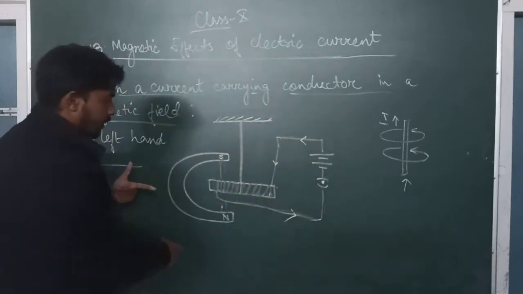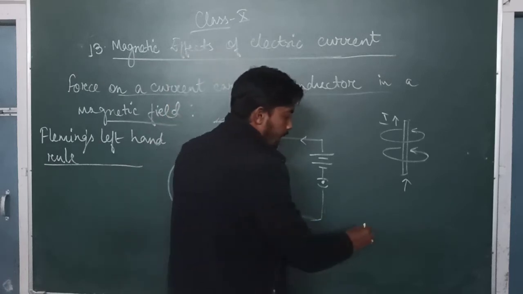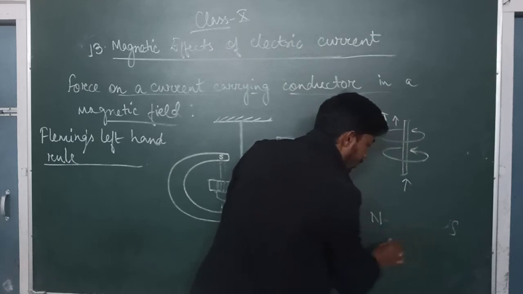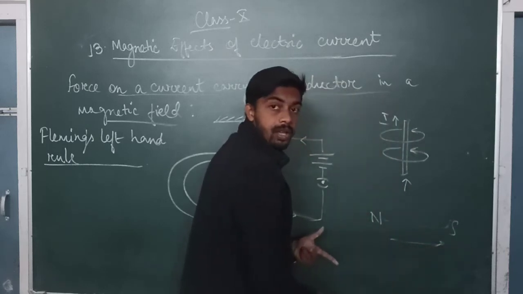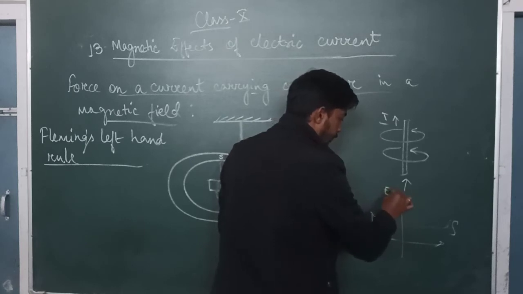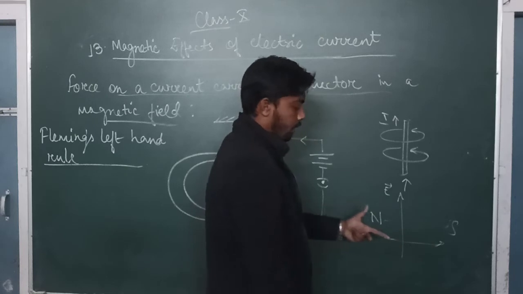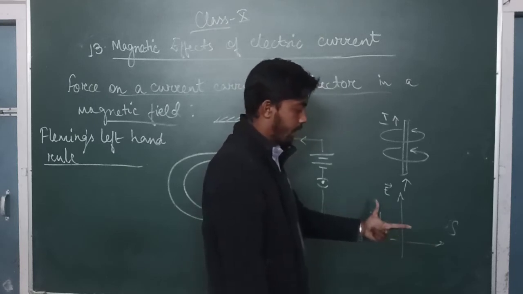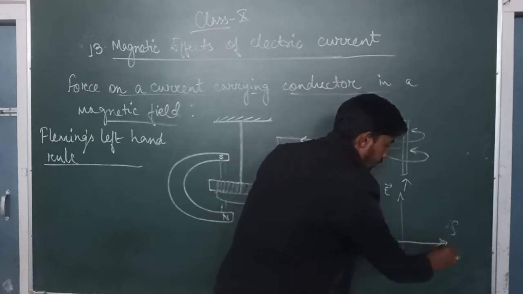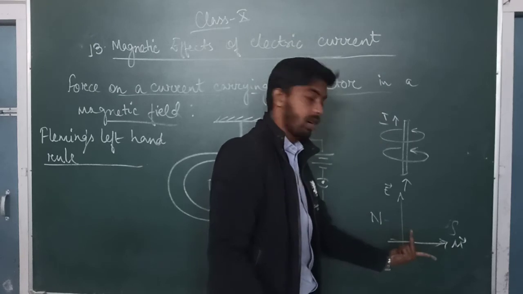So here, if the magnetic field is going in this direction, north to south, and the electric current is going up, then holding our fingers like this, this is our magnetic field, and the electric current is going up.